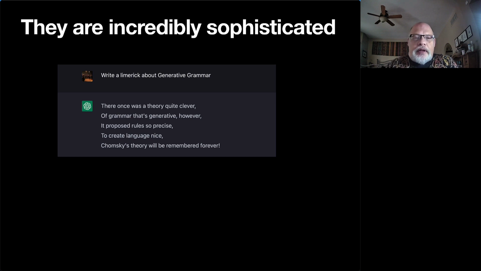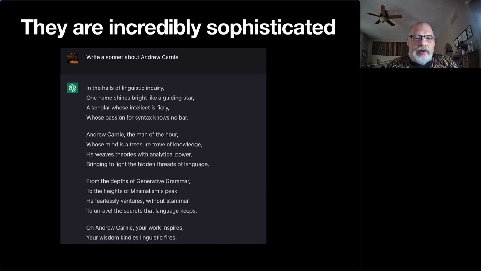Here's another example. I asked it, with a little bit of hubris, to write a sonnet about me. In the halls of linguistic inquiry, one name shines bright like a guiding star, a scholar whose intellect is fiery, whose passion for syntax knows no bar. Andrew Carnie, the man of the hour, whose mind is a treasure trove of knowledge. He weaves theories with analytical power, bringing to light the hidden threads of language.